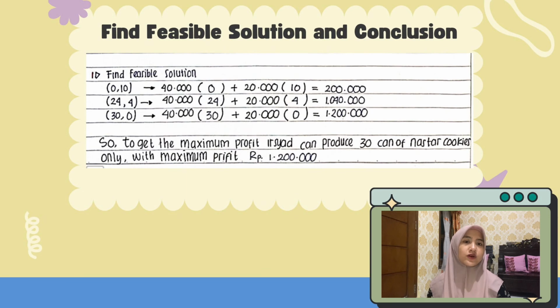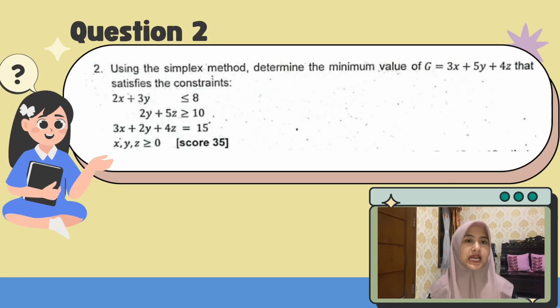From this evaluation, the maximum value is obtained at the point (30, 0). So, in conclusion, Irshad should only produce 30 cans of nastar to get a maximum profit of 1,200,000 rupiah.